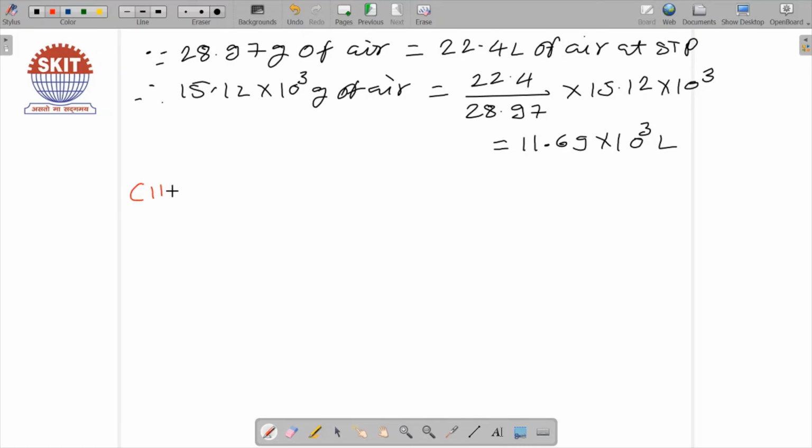Now, point second, calculate the excess air, which is 15% excess air. So we can calculate like this.